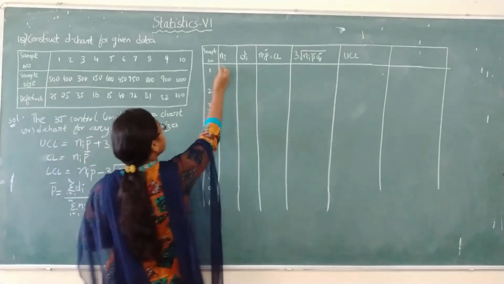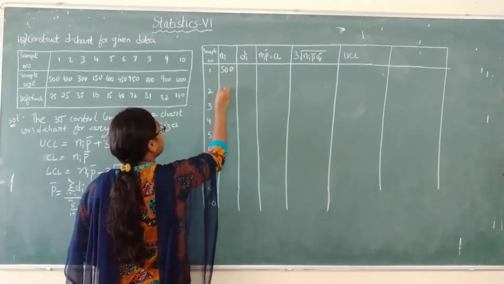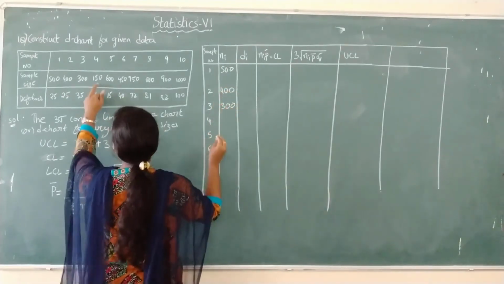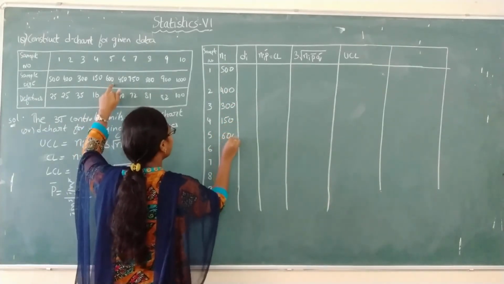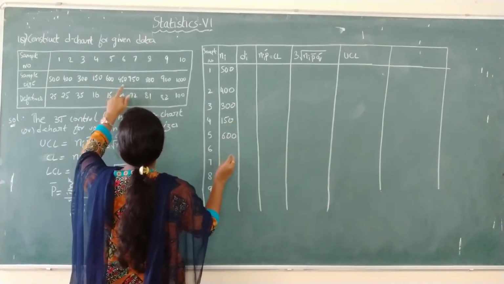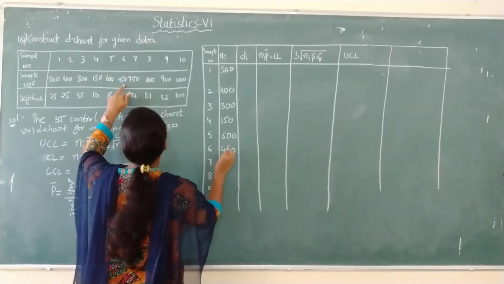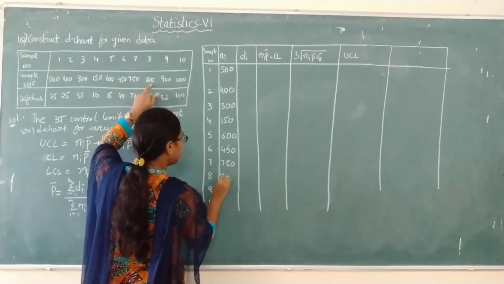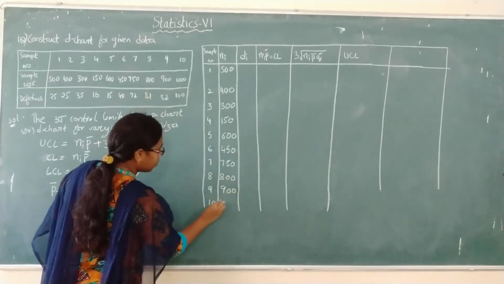First value is 500, second value is 400, next value is 300, fourth value is 150, fifth value is 600, sixth value is 450, seventh value is 750, eighth sample size is 800, ninth is 900, and 10th is 1000.